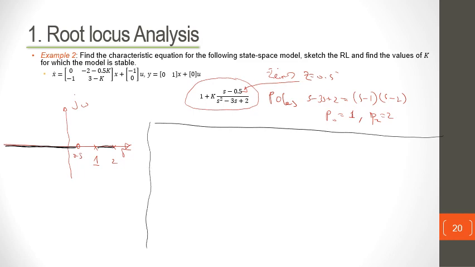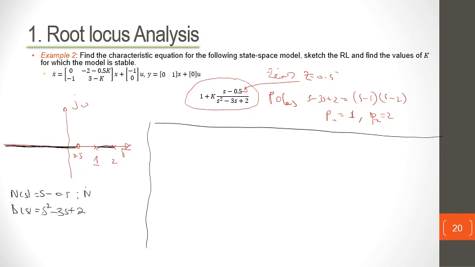We can calculate the breakpoints of this root locus by noting that if we divide our transfer function, the numerator polynomial is s minus 0.5. The denominator polynomial is equal to s squared minus 3s plus 2.